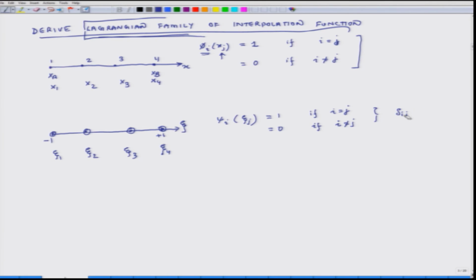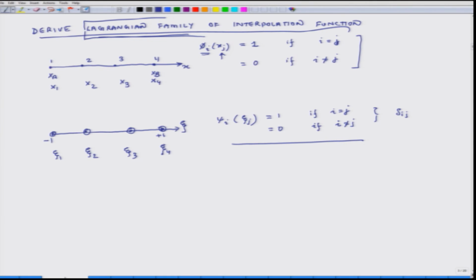That is beside the point. So, this is an important property. When we are developing Lagrangian functions, we have to make sure that the value of those functions is 1 at the node associated with that particular function and 0 at all other nodes. This is an important thing.